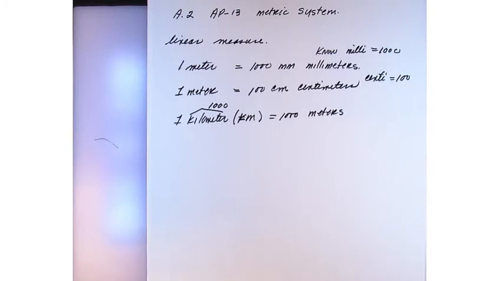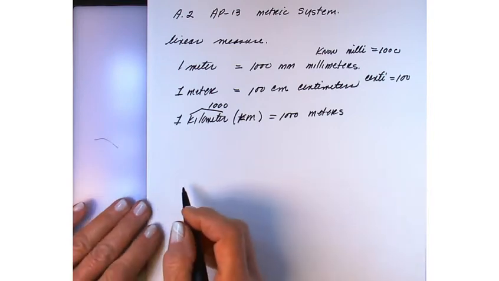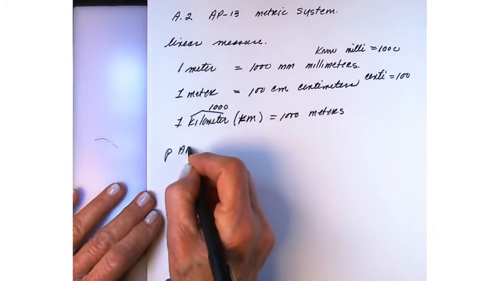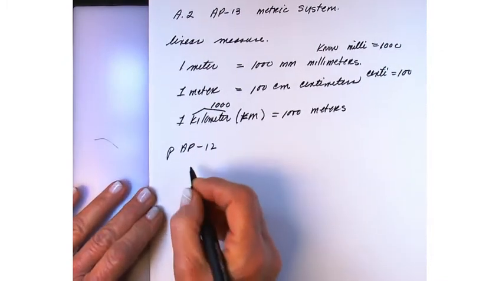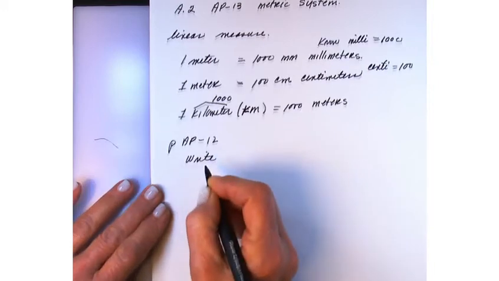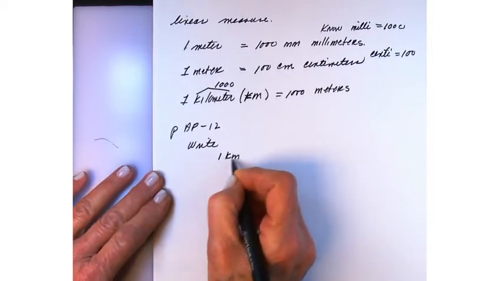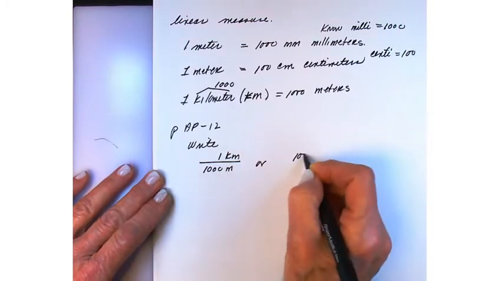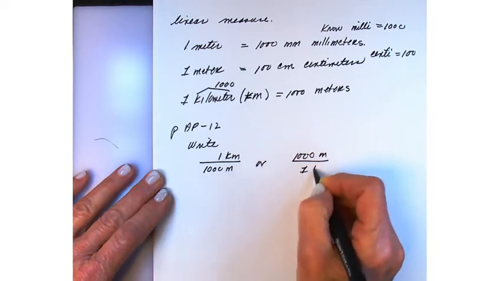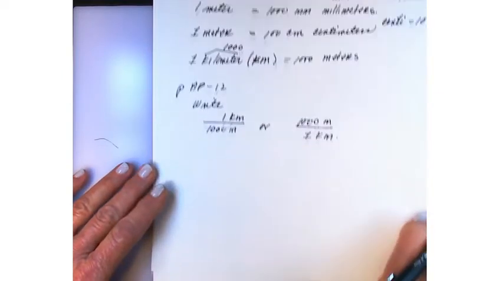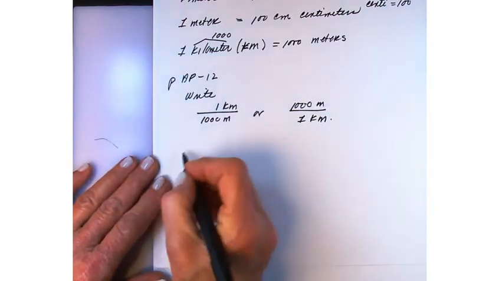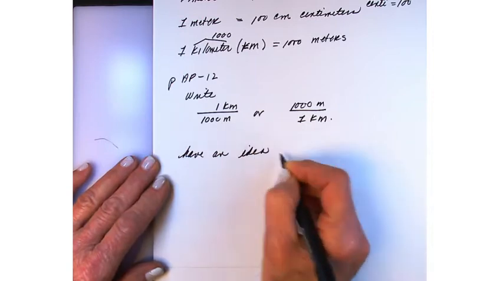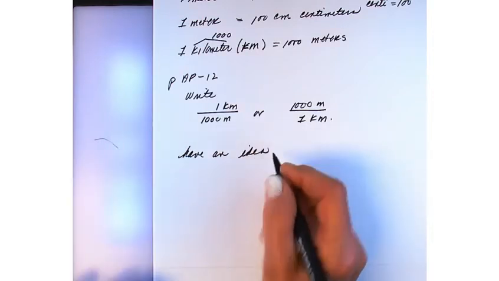Let's look on page AP12. We can write 1 kilometer per 1,000 meters, or you can write 1,000 meters per 1 kilometer. Each of us has to have an idea of how long things are.